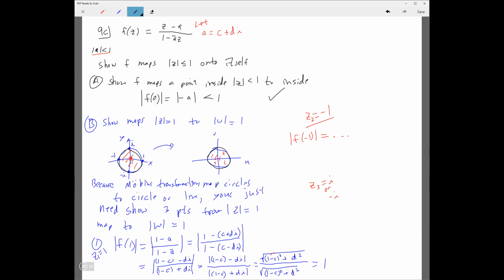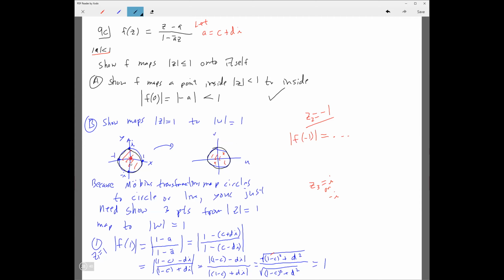The first is that this point here maps to somewhere inside, in which case everything inside will map to everything inside. The second case is this point right here maps to somewhere outside, in which case everything inside maps to the outside, and everything outside will map to the inside. That would happen if modulus of a were greater than 1. So there are just 2 possibilities, and you need just to confirm which one it is.